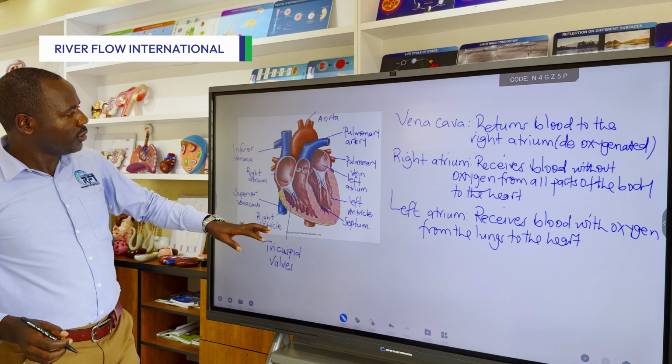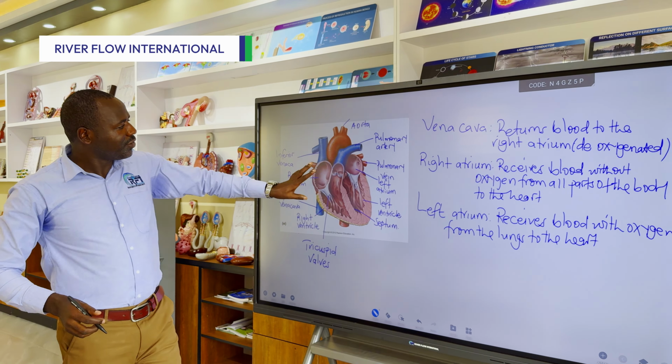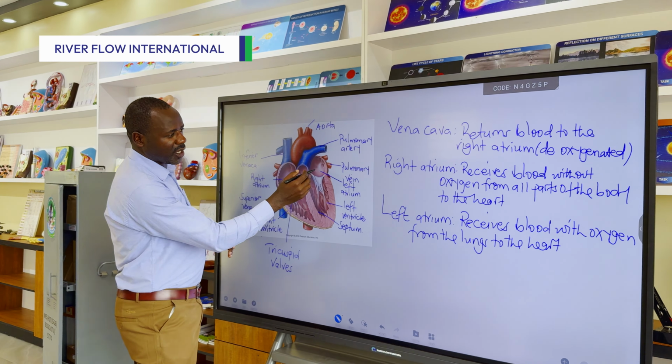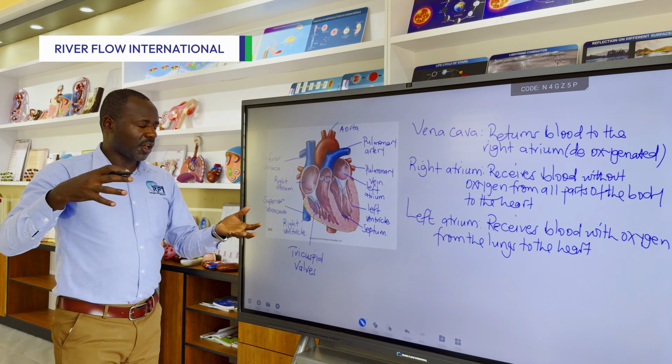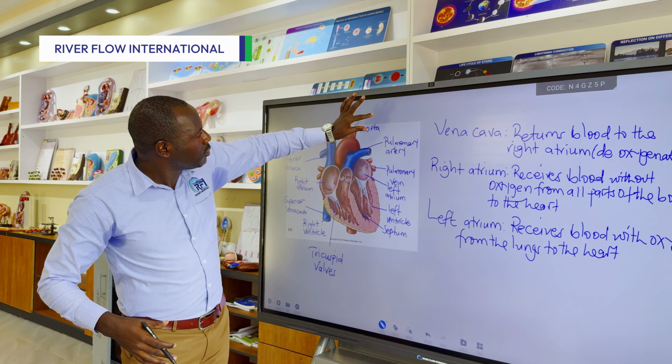Now, this is the use of the left atrium. So left atrium, I'm talking about this part, receives the blood. This blood is having oxygen. It is received from the lungs.